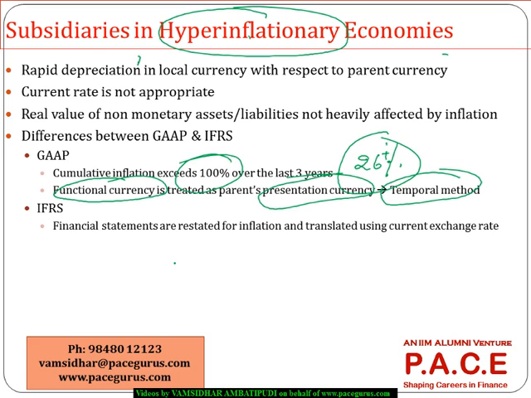Whereas when it comes to IFRS, what it says is you restate for inflation based on the price index. You restate all the assets and liabilities, revenues and expenses of the subsidiary using some price index, and after that you translate to parent currency using the current rate method itself.